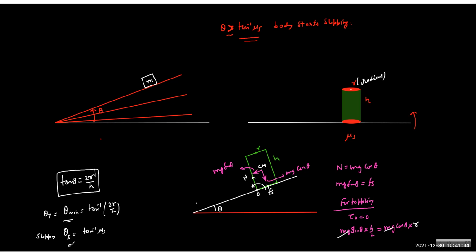Now, how to put this into a mathematical framework? For toppling to occur before slipping begins, 2r by h should be less than mu s. So the angle of slipping must be bigger than the angle of toppling. The toppling angle should be smaller because I want this to occur first.